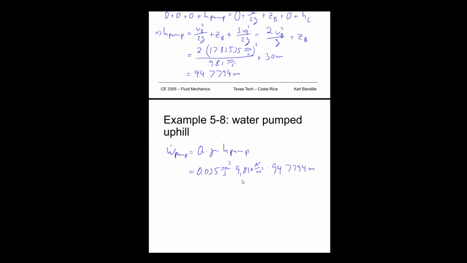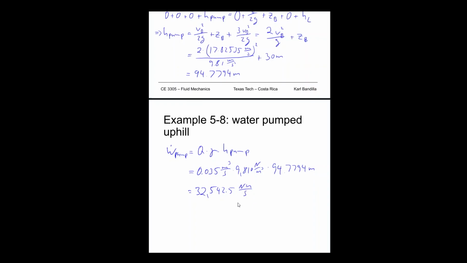Let's write the number first. I get 32,542.5. Now let's see units. We have newtons, the cubic meters cancel out, so we have Newton meters per second, which is good because that's what we want to get.